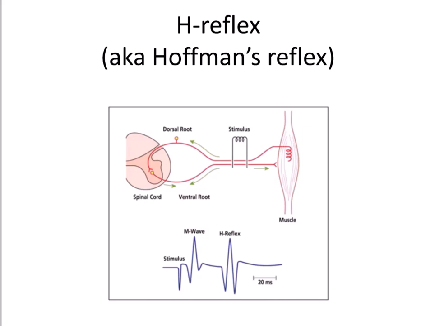Not only does this stimulus act on the muscle, it goes back to the spinal cord region, and if the alpha motor neurons are in a pre-activated state, then there's a latent response that will also cause another muscular contraction.